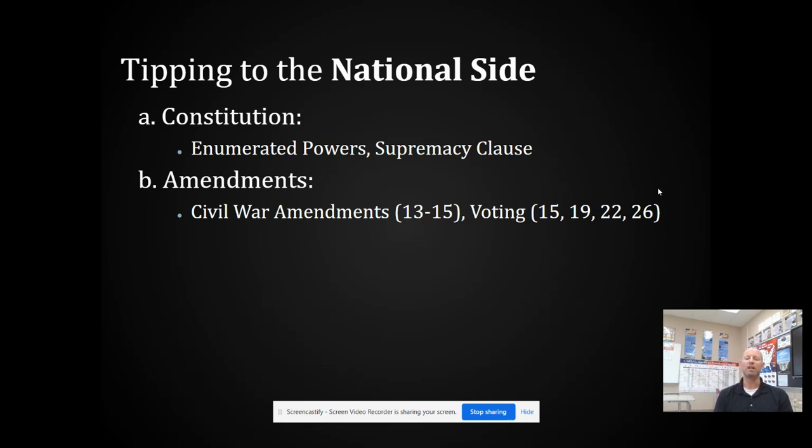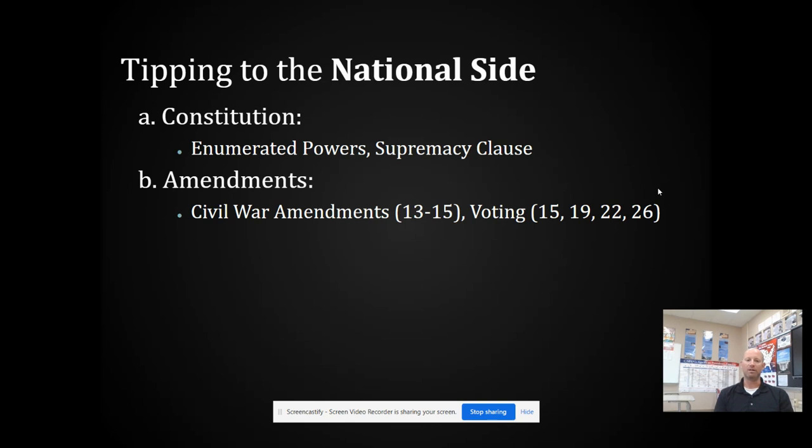The 14th Amendment is huge with federalism. We've always been told it gives equal protection under the law and made everybody citizens, but there's also the incorporation clause, which basically states that states have to incorporate the federal Bill of Rights into state constitutions. That gives the national government more power over the states.